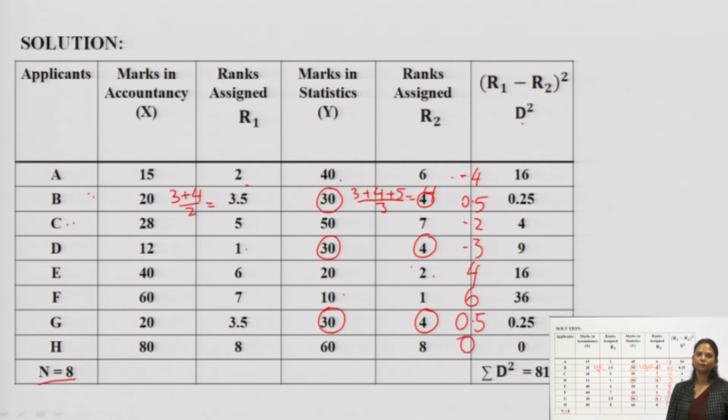This is the difference D between rank 1 and rank 2 of the applicants in accounts marks, that is X, and statistics marks, that is Y.